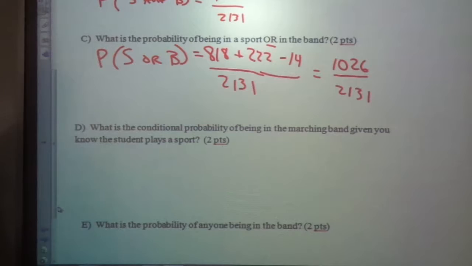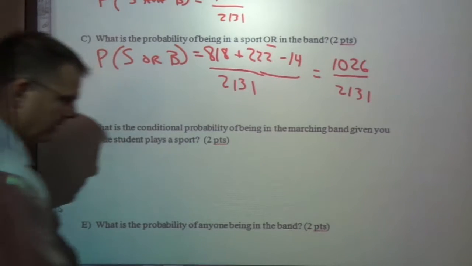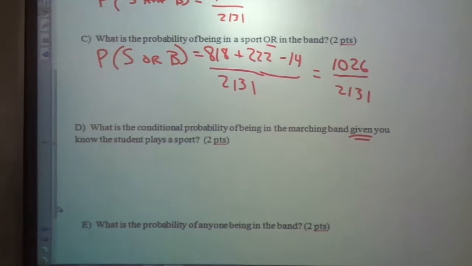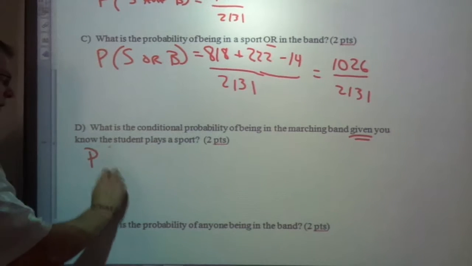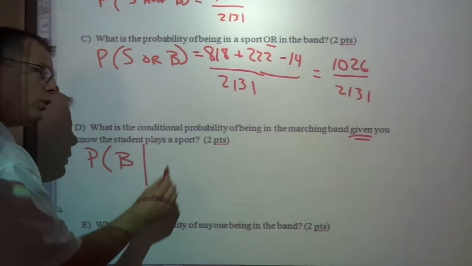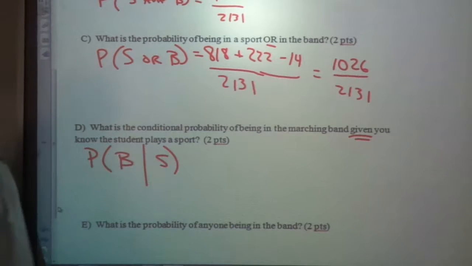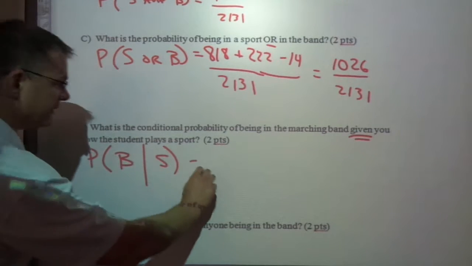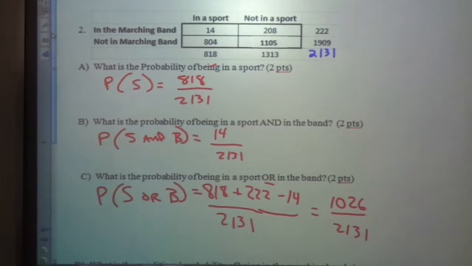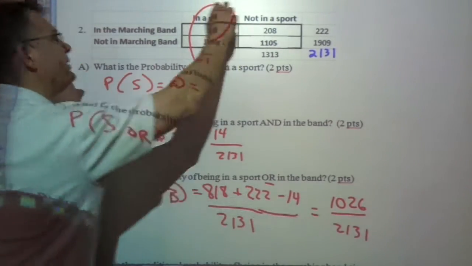Next question says, what's the conditional probability of being in the marching band given, this is a really important word, that the student plays a sport. So we're asking about the probability of being in a band, but we're not asking the whole school. We're asking the people that we know play a sport. So it's not out of 2131 anymore. It's just out of the people that are in a sport, out of these people.